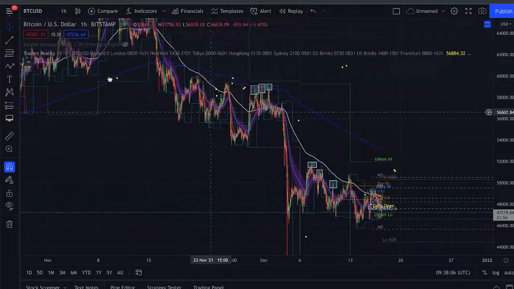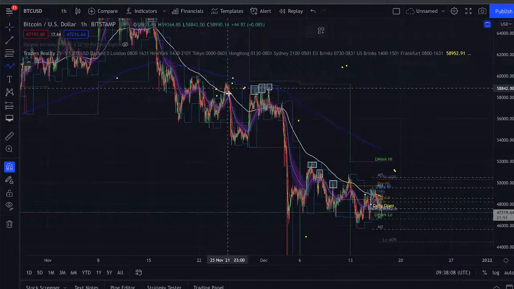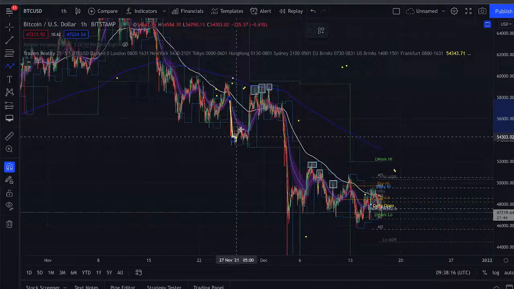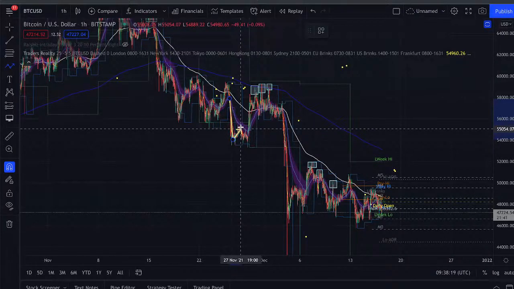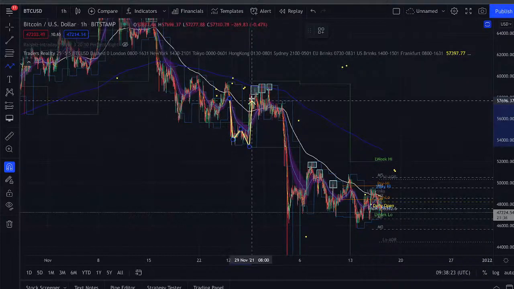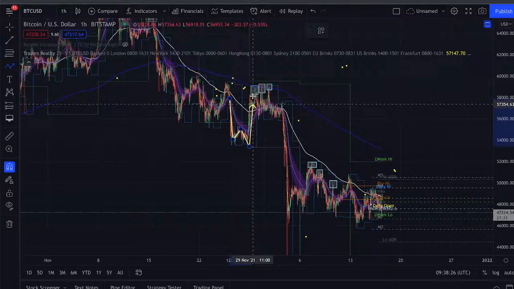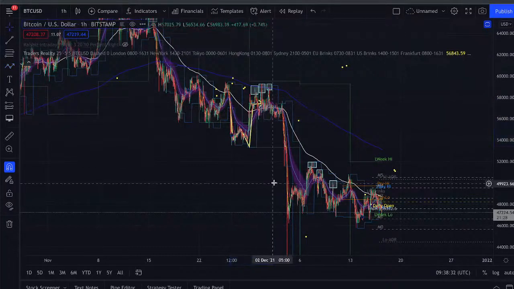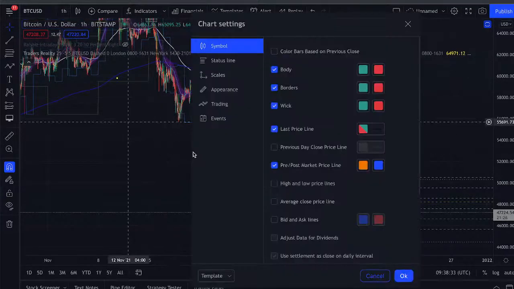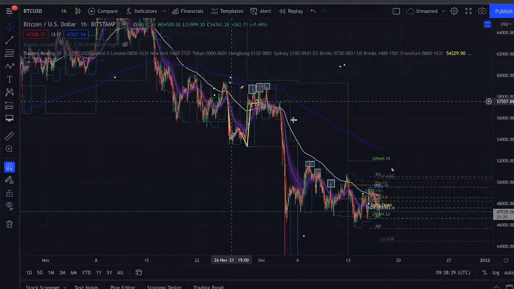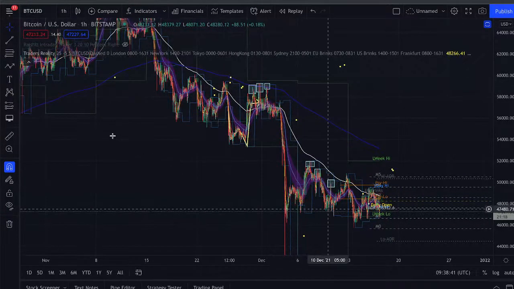Alright. And then consolidation, right? You'll start to notice that they always do these M's and W's. They do W's below the EMAs, and they do M's above.